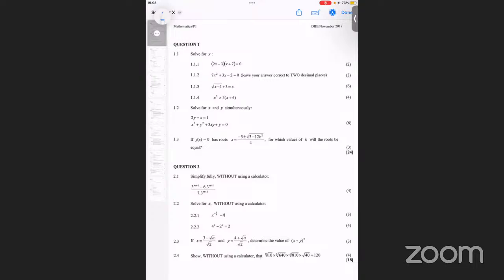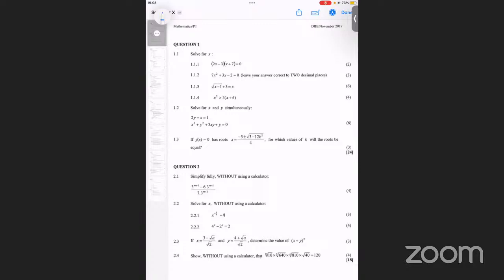Question number one. Remember, guys, it is very important that at all times you follow the numbering system used in the question paper. All of these are exam question papers, a compilation of past exam question papers. So all these questions are exam-type questions.